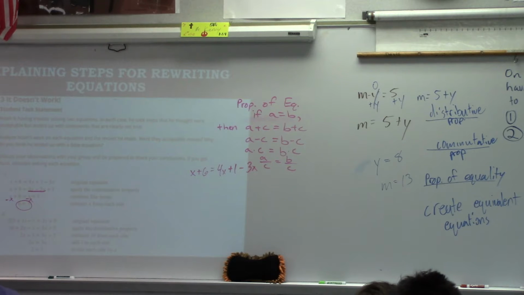Will it ever be true? Never. So this statement will never be true. Are there any solutions? No. That's why we would say this is always false. So then what you would respond with is no solution.